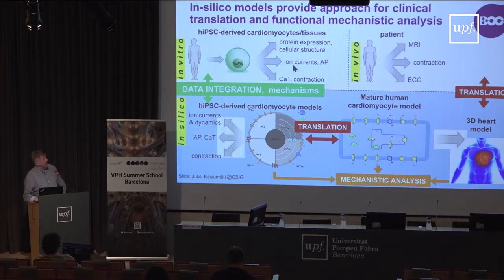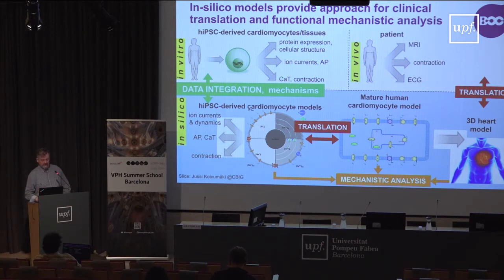So what do you have now in vivo from a patient? Of course, you have MRI, maybe contraction data from MRI, ECG, and based on that, we can have this 3D model of the person. And in vitro, from the same patient, we can have, of course, protein expression, we can have the in vitro model on the iPS heart, and get the ion currents, action potential, contraction, calcium, and so on.